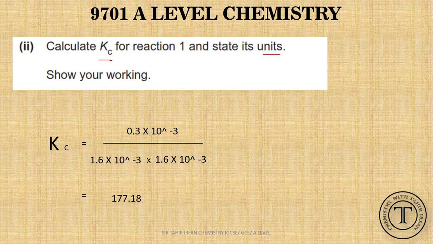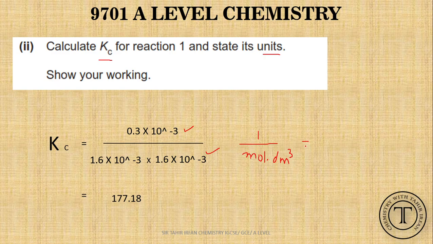Now coming to the unit, mole per decimeter cube divided by mole per decimeter cube squared. So we can easily see that the answer will be 1 over mole per decimeter cube. So this can be the unit for Kc.